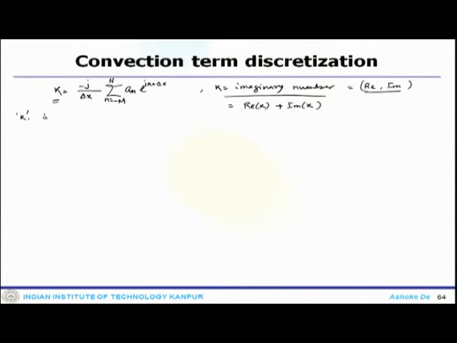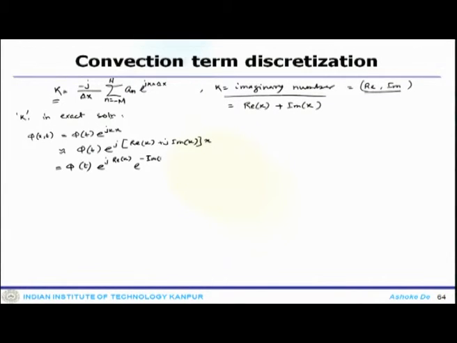So, k in the exact solution, which you get then phi(x,t) equals phi(t) e to the power j k x, equals phi(t) e to the power j (real k plus j imaginary k) x, which will become phi(t) e to the power j real k x into e to the power minus imaginary k x, because this will be multiplied with j and j square, and j square is minus 1.